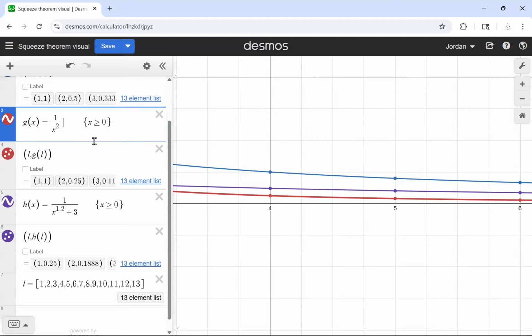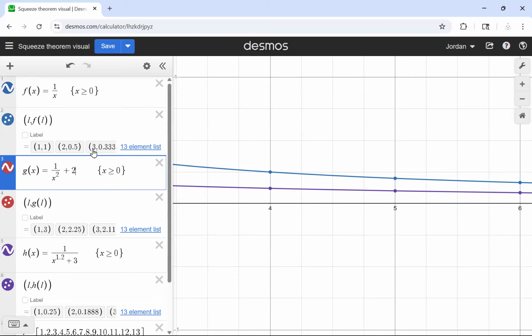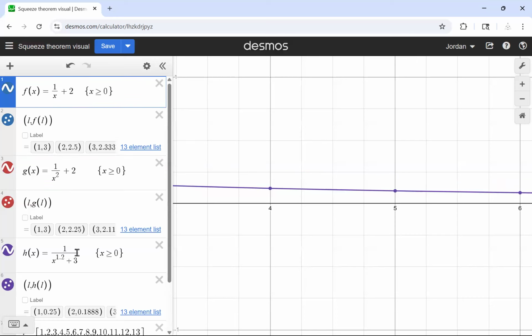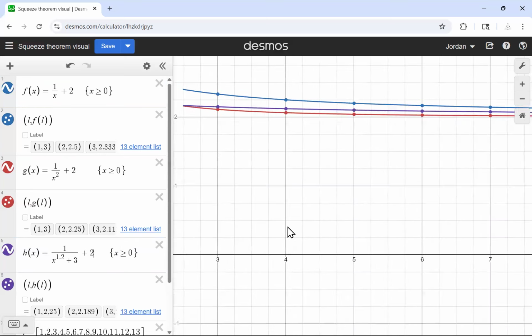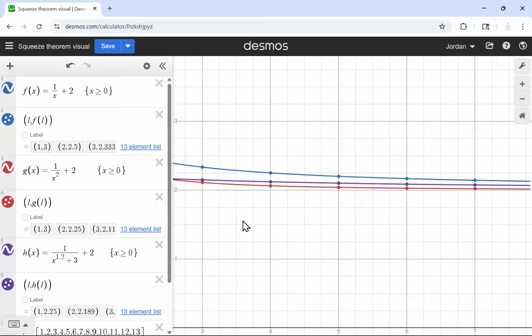Now, it doesn't always have to be 0. Obviously, some sequences we could move everything up, shift everything up by, let's say, 2. And we could figure out that this top sequence has limit 2, the bottom sequence has limit 2, and therefore the middle sequence also has to have limit 2.